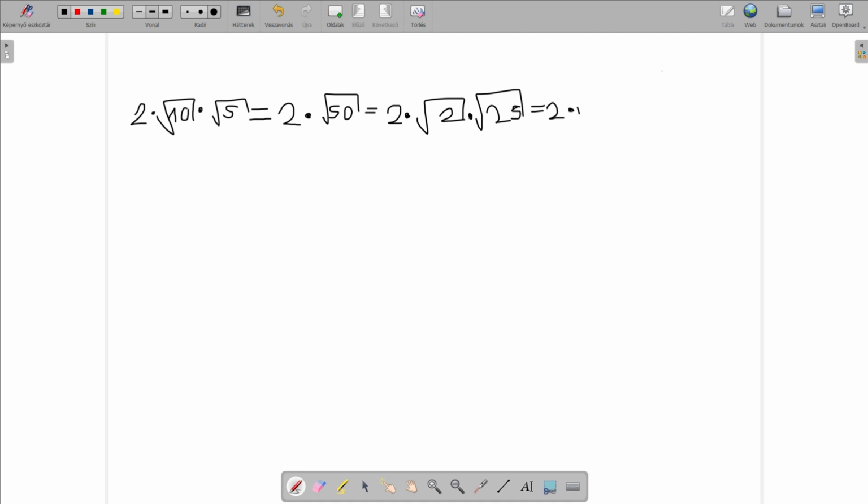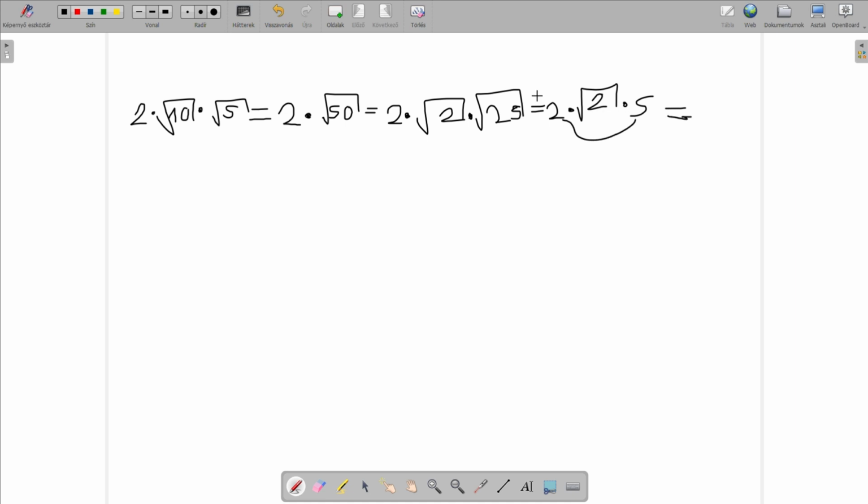So we have 2 times the square root of 2 times the square root of 25. And what's this going to be equal to? Well, the square root of 25 is just 5. Oh, sorry, I kind of wrote it up wrongly, because I already wrote up the square root of 25. So we have 5 here.